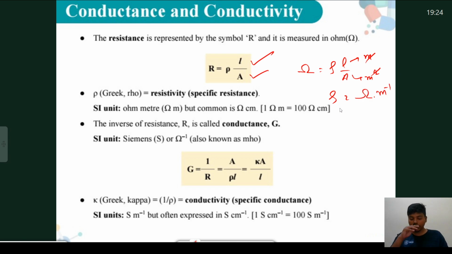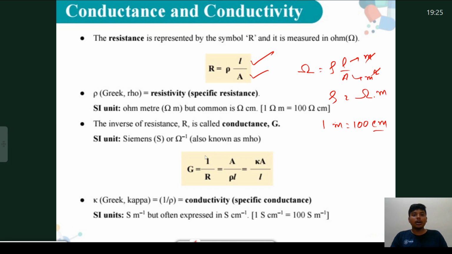Remember, it is ohm meter, not ohm per meter. We know that 1 meter is equal to 100 centimeter. Sometimes the values in questions are given in centimeter, so you have to convert that.